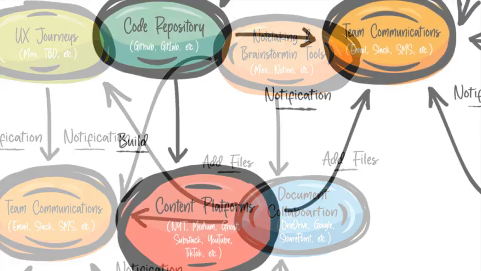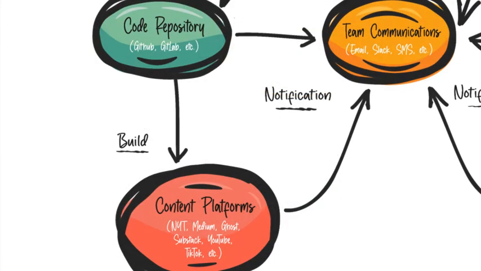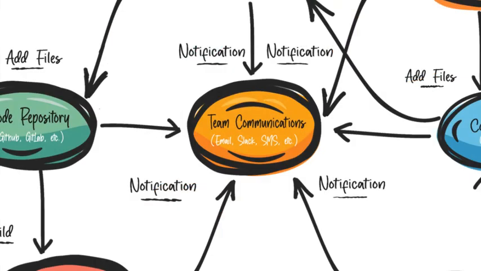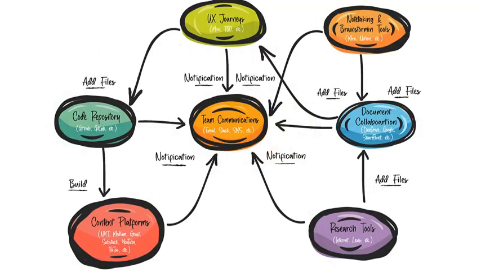Build represents the code that you may need to write, build, and release, which you'd manage locally and within a cloud-based code repository. And notification means that there should be communication out to the team of the progress of the project for that item. For example, when you've completed and added a UX journey file to your code repository or document collaboration tool, then there should be communication, preferably automated, out to the team that this is done and available for use.